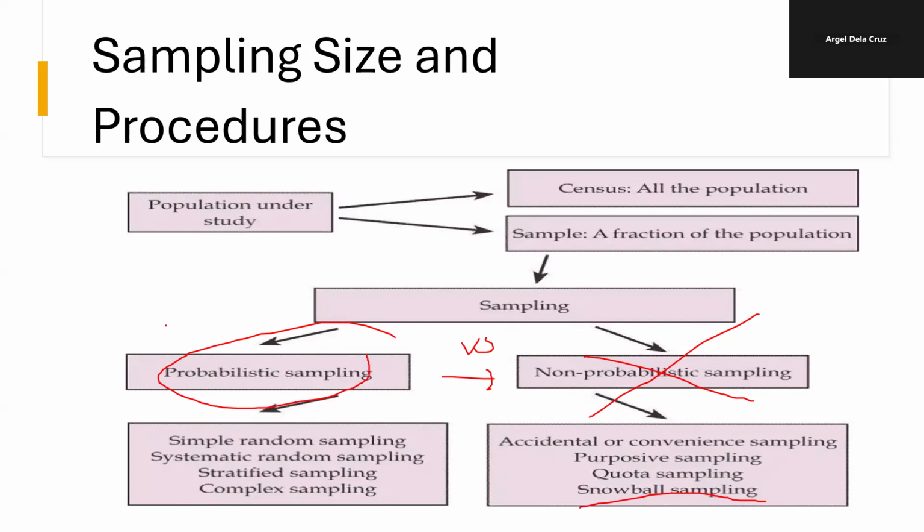Meaning to say, you might encounter more respondents that are outliers, or they are representing more of a minority idea rather than the majority, because there is no random chance of being selected, right? So that is the difficulty, or the weakness, of non-probabilistic sampling.